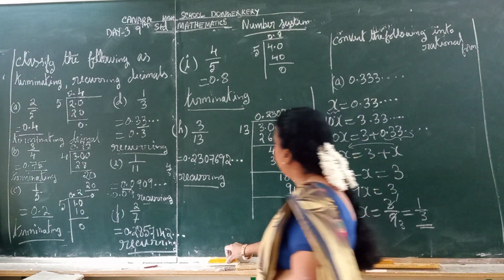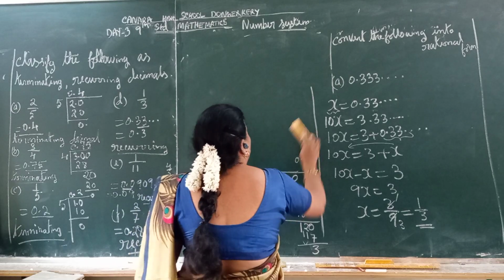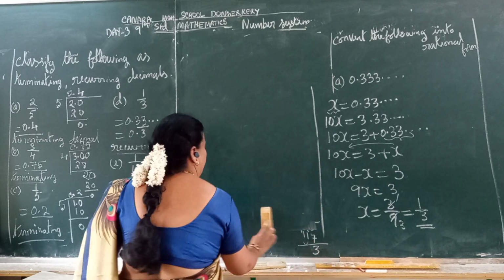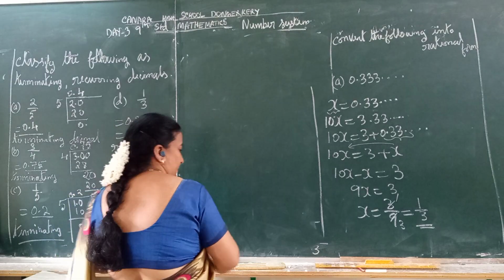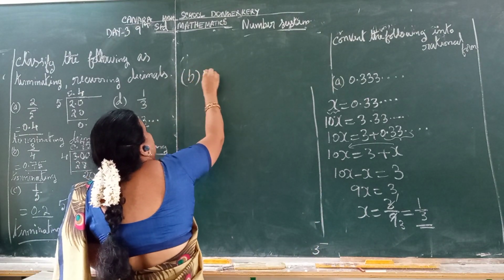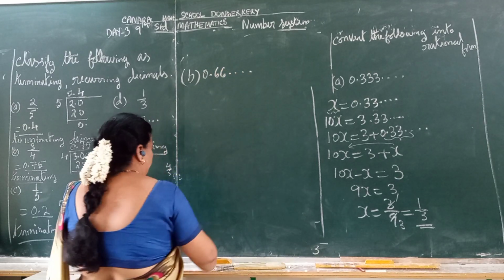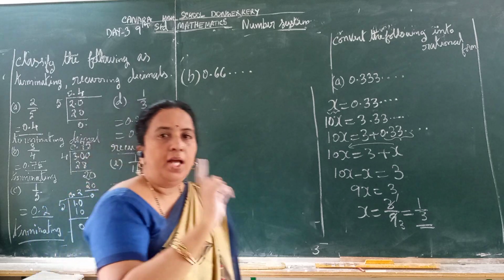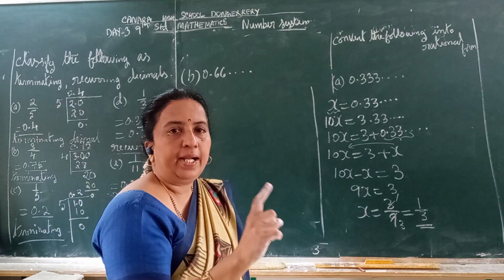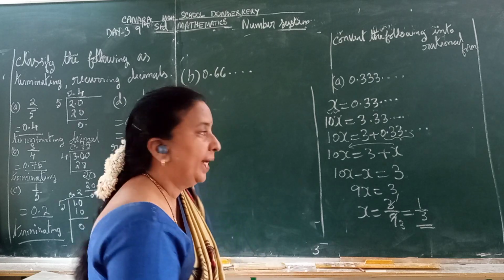Okay. Let us write the next sum. One digit is recurring.